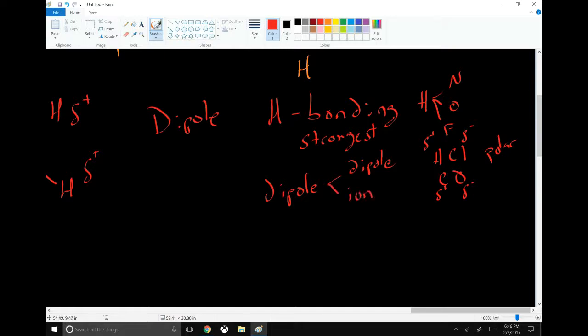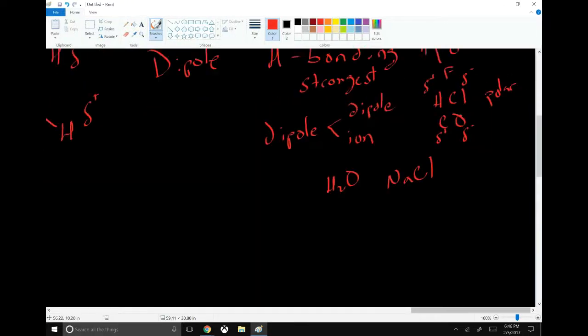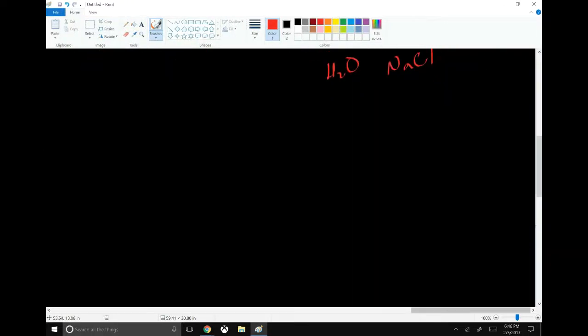You can also get dipole-ion interactions. So, for example, water is a dipole and table salt is an ion. This is why salts dissolve so readily in water. It's because, let's draw a different picture for this. Here's water again, here is a sodium ion, and here's a chlorine ion.